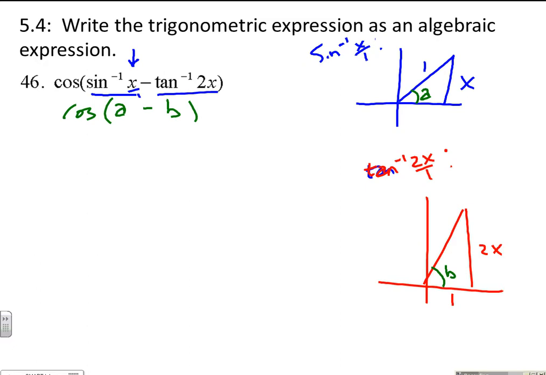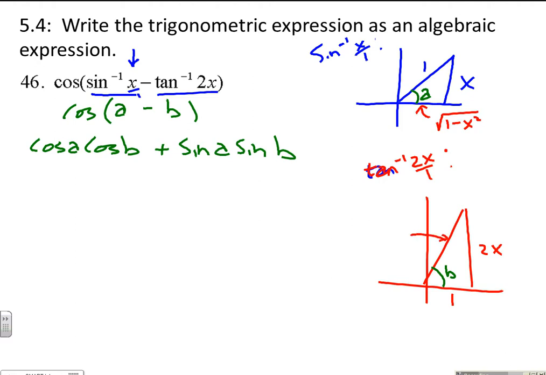So cosine of a difference is cosine A, cosine B, plus sine A, sine B. So I think I better solve our triangles here. This value right here would be the square root of 1 squared minus x squared, square root of 1 minus x squared. This missing value right here would be the square root of 2x squared, that's 4x squared, plus 1, Pythagorean theorem.